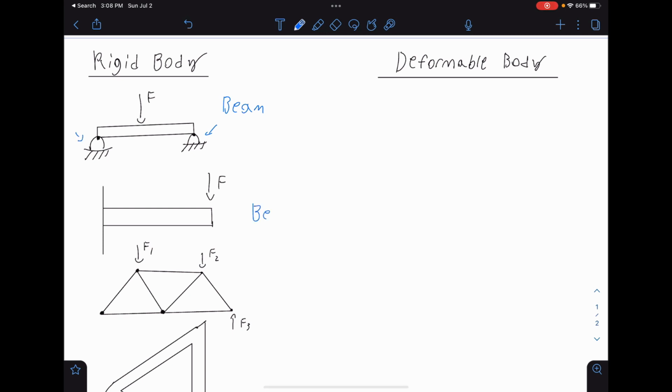Here's another beam. It's fixed to the wall here. These are simply supported here.